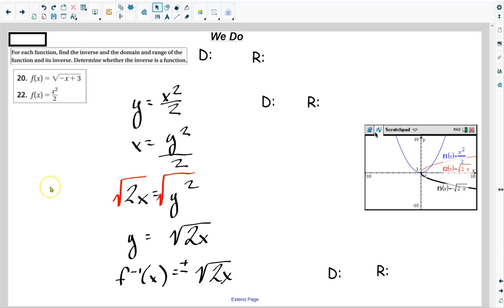Okay, all right, now let's go ahead and wrap it up here. So the domain and range for the original function, let's start there. X squared over 2.